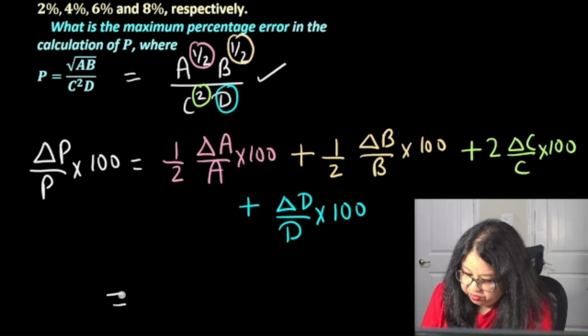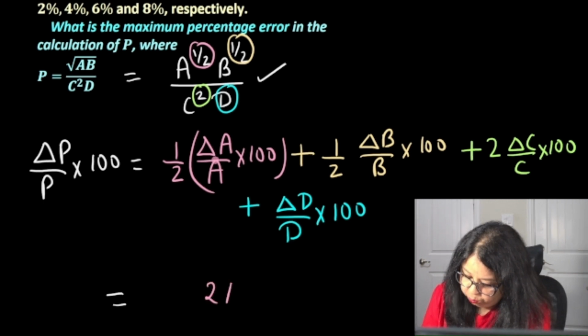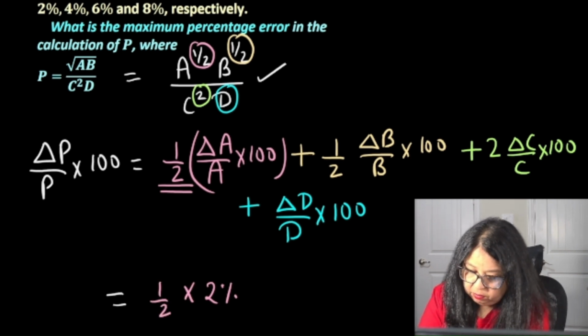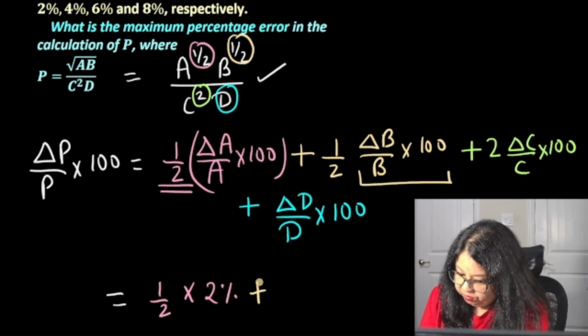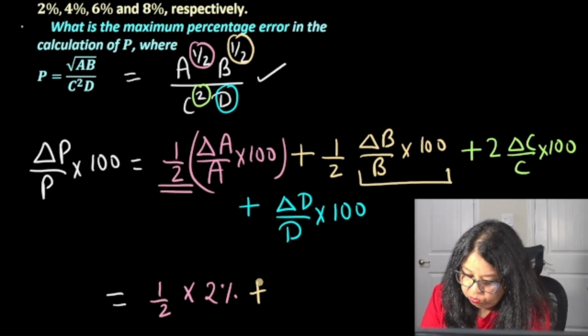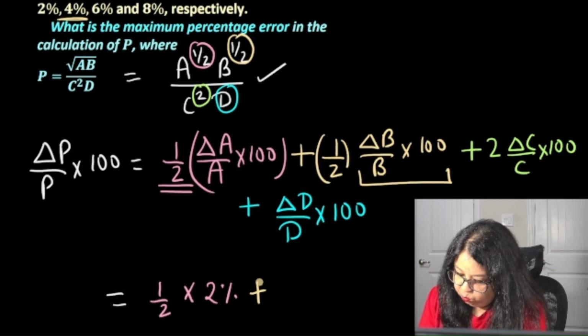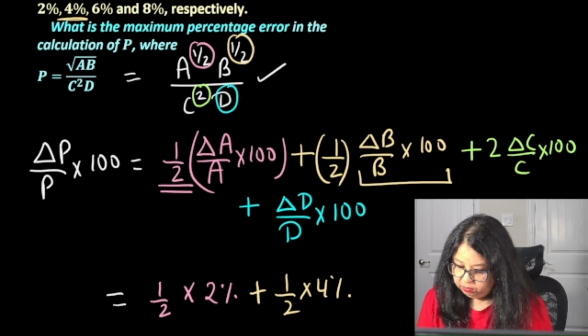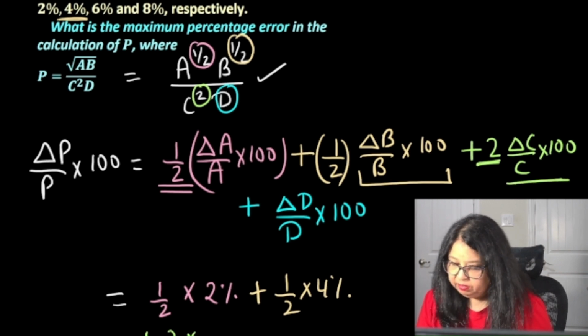And what are we given? The percentage error in A is 2%, times this 1/2, plus the percentage error in B is 4%, so this 1/2 times 4%, plus this 2 over here times the percentage error in C, which is 6%.